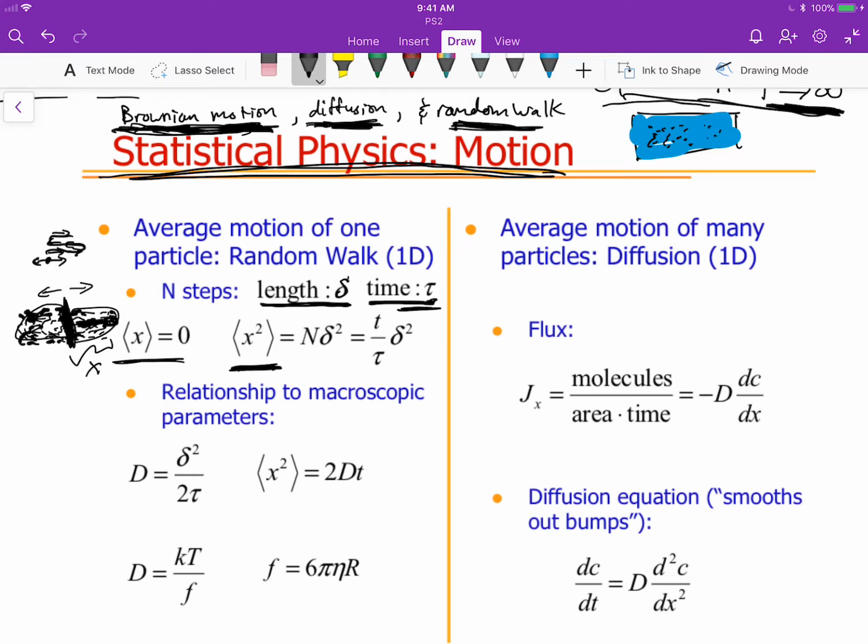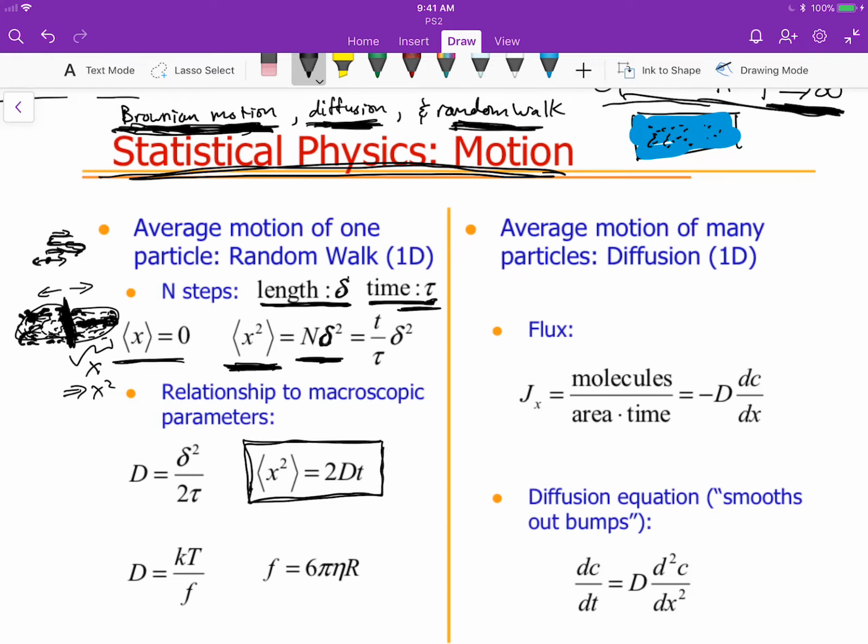For every particle, let's look at our x squared, and then find the average of all of those x squareds, and you'll find that that's equal to the number of steps you take times the distance squared, delta squared. So the big equation for diffusion is this equation here.